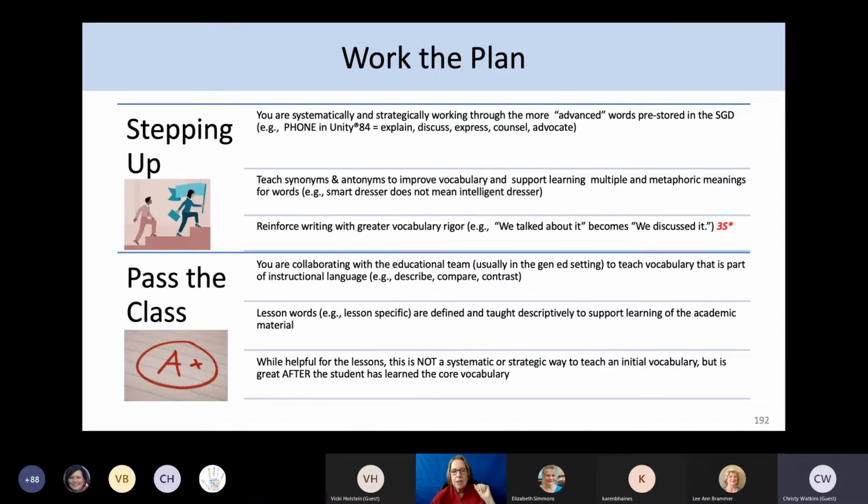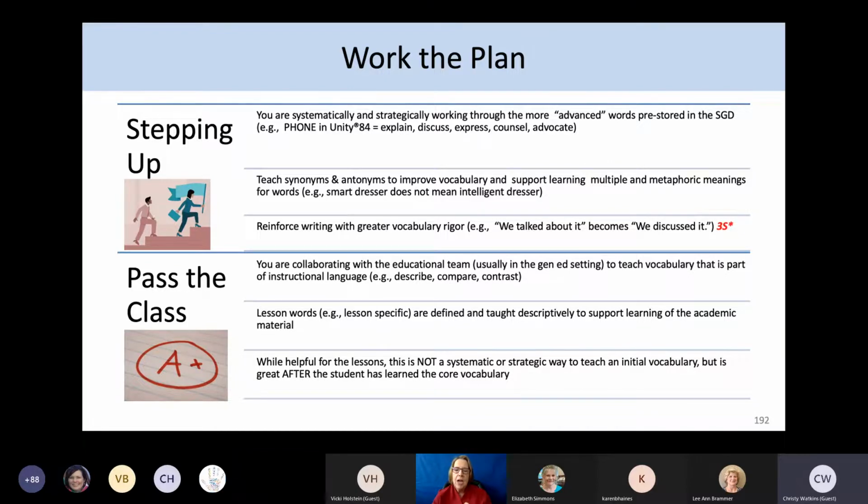Stepping up, as I said, you're systematically working through the more advanced words. If you're working on synonyms and antonyms to improve your students' vocabulary, if you're working on multiple and metaphoric meanings, like smart dresser doesn't mean that you're an intelligent dresser. It means you're a cool dresser, a jazzy dresser.